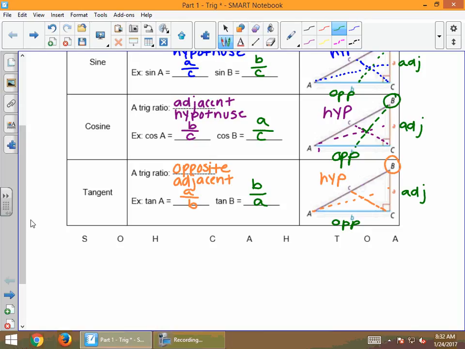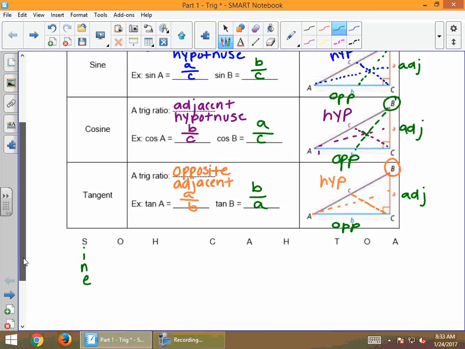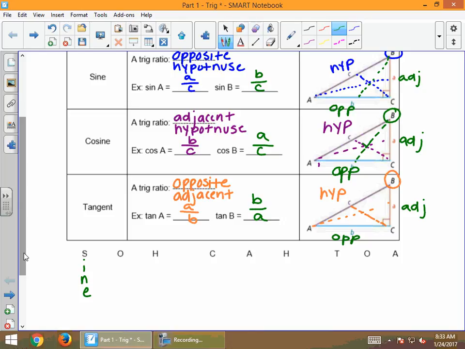The S in SOHCAHTOA stands for sine, and just like we set up here, the ratio for sine is opposite over the hypotenuse. The C stands for cosine. The A, if you look at the ratio for cosine, is adjacent over the hypotenuse.